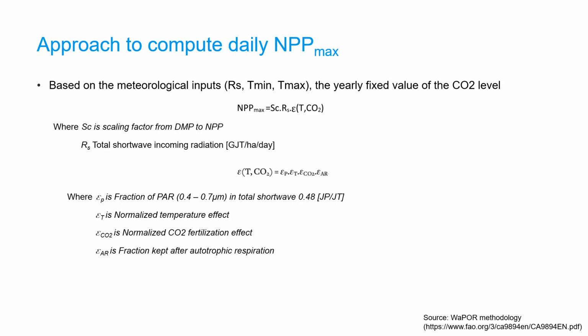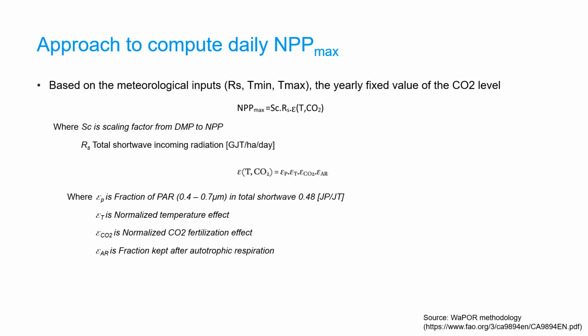The daily NPP max is computed based on the meteorological inputs. NPP max is computed as per the first equation provided in this slide. The total shortwave incoming radiation is multiplied with scaling factor SC from DMP to NPP and a group of epsilon factors representing the temperature and carbon dioxide effects on net primary production.